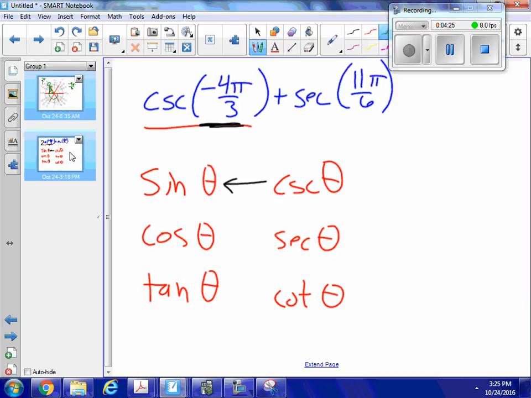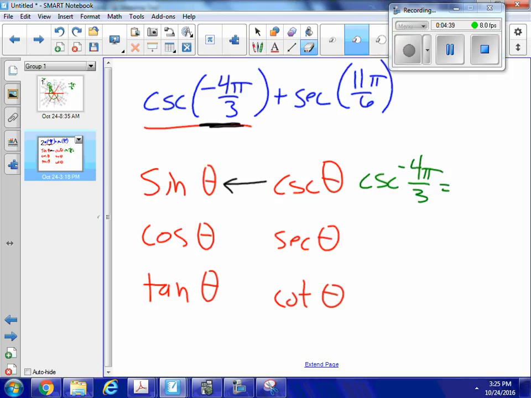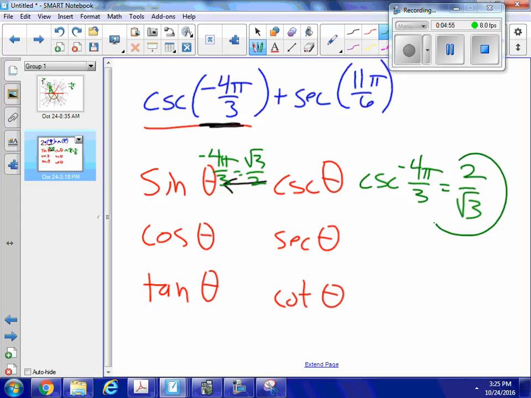So going over to here, cosecant negative 4 pi over 3 is equal to 2 over radical 3, because sine of negative 4 pi over 3 is equal to radical 3 over 2. So here is the answer to my first piece right here. 2 over radical 3.